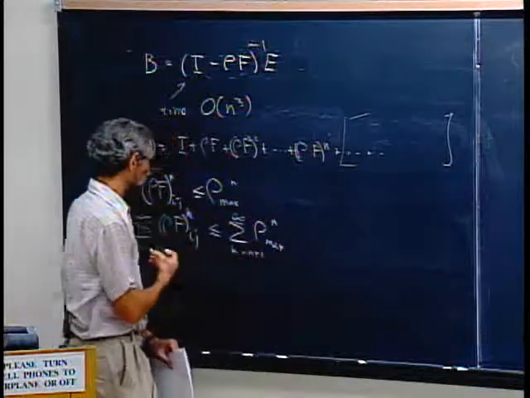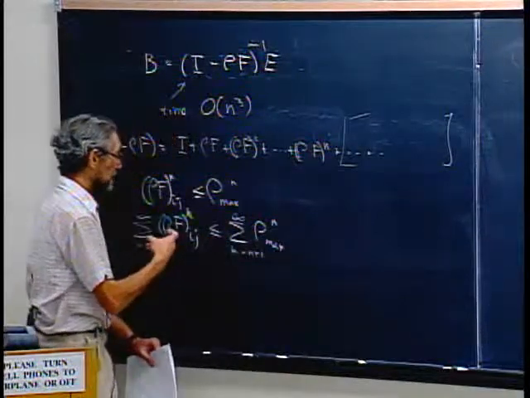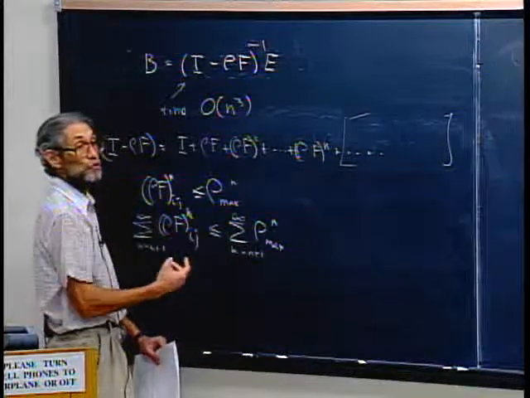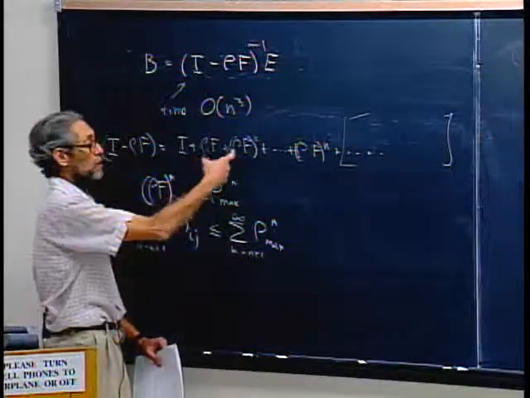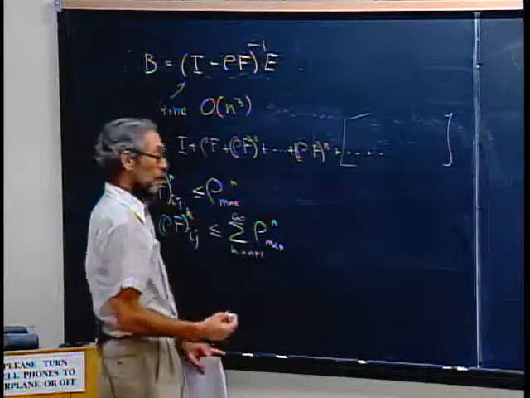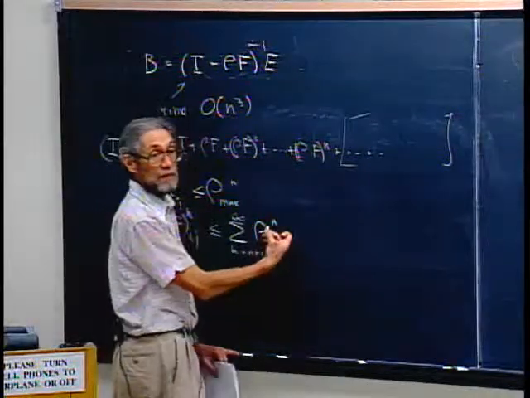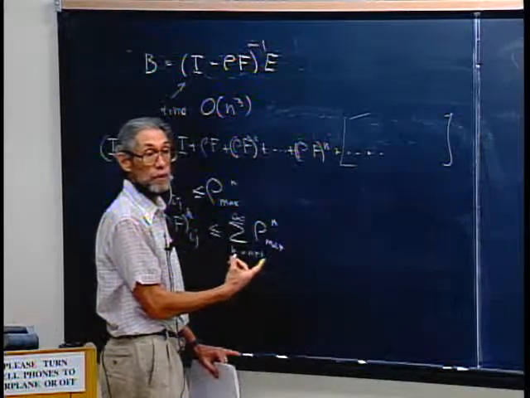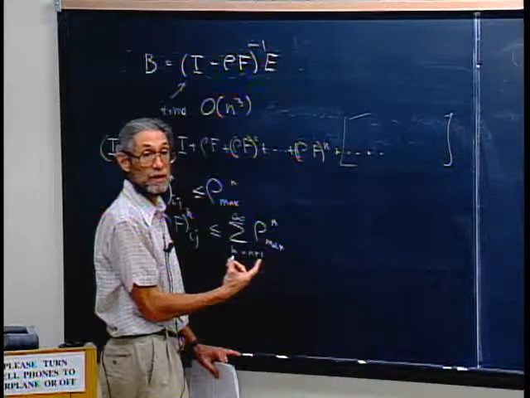So basically, this series is dominated by this geometric series. Really we should have absolute values in general, but all of the terms here are non-negative. And who knows what this adds up to? Remember the formula for the sum of a geometric progression?